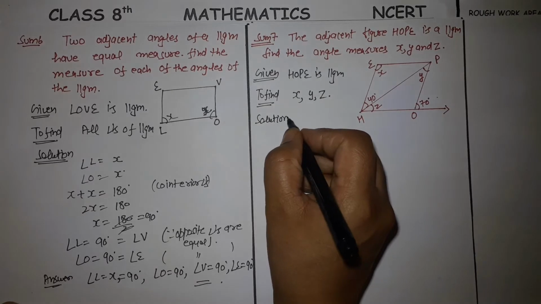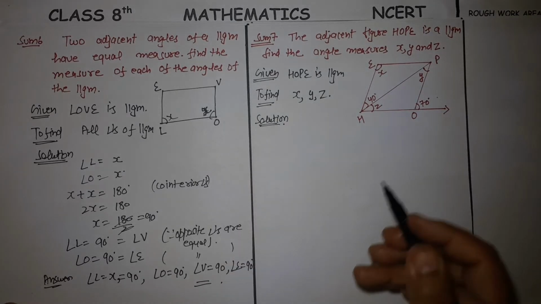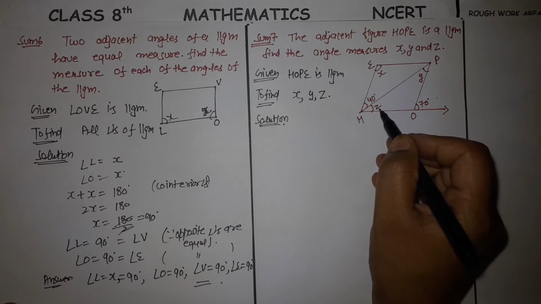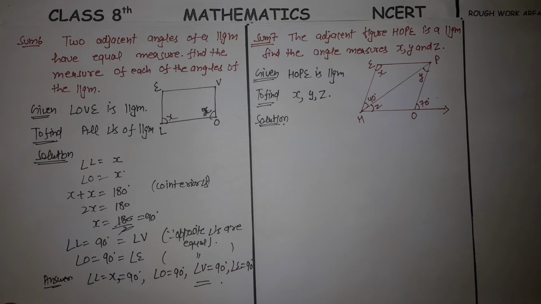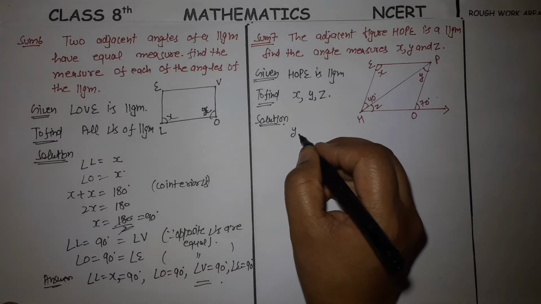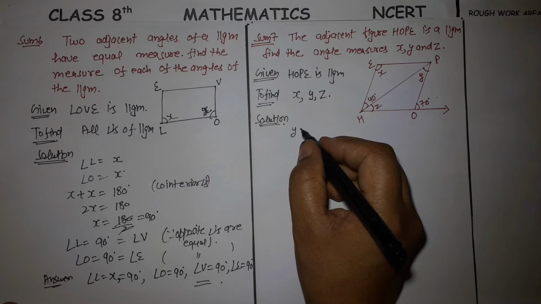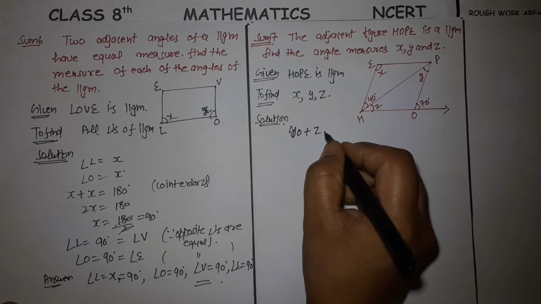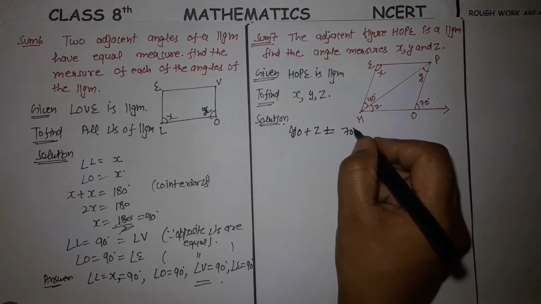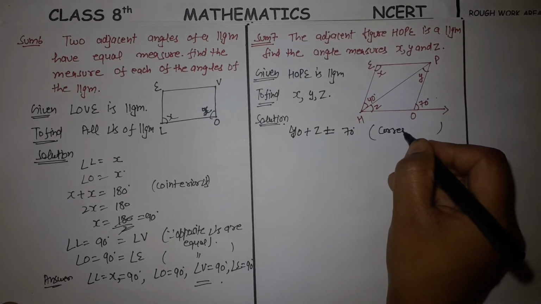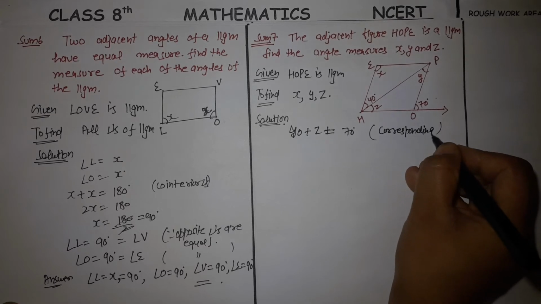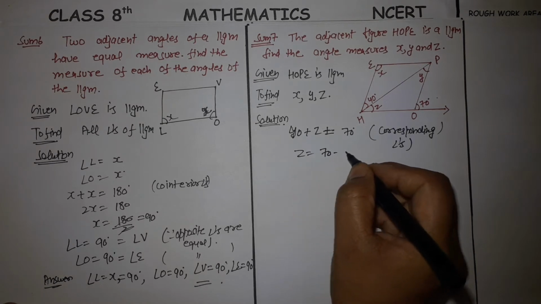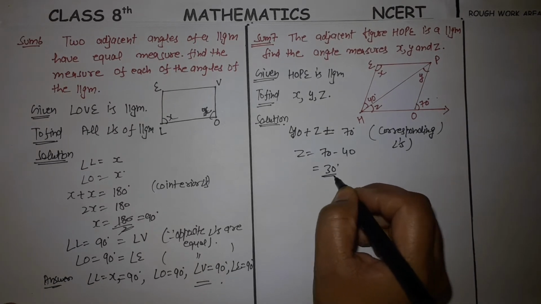After that, to find the solution: angle y plus z is equal to 70 degrees. Angle 40 plus z equals 70. Reason: corresponding angles. Then angle z is 30 degrees.